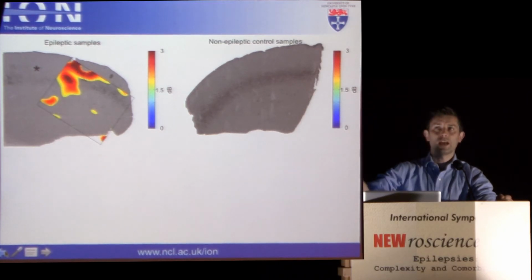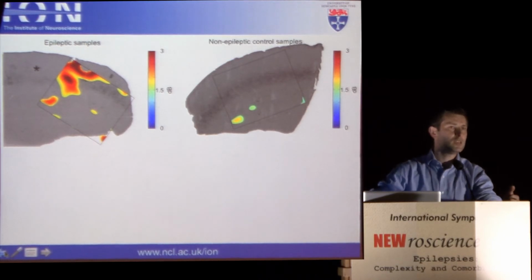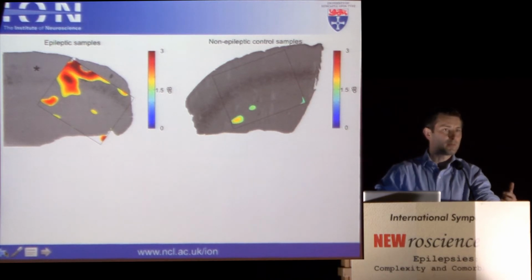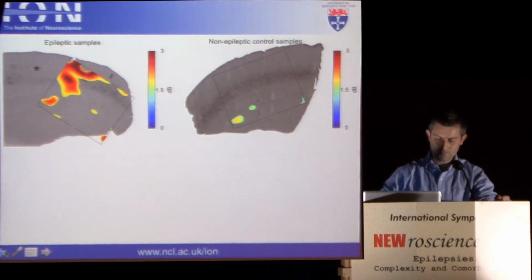If we overlay our Utah array recordings, and this is a power map for the high-frequency oscillations that are associated with the interictal discharges, you can see that where the PV signal starts to drop out, you see the emergence of this high-frequency oscillation. In contrast, in our control samples, it should be pointed out that we never see spontaneous epileptic patterns like I've previously shown in the earlier slides.